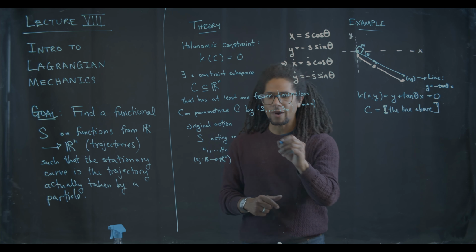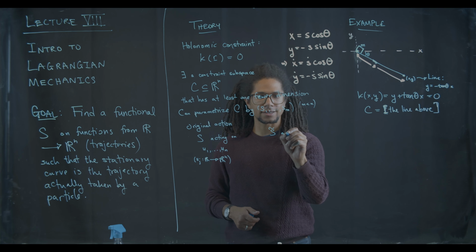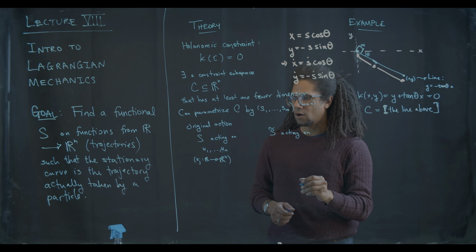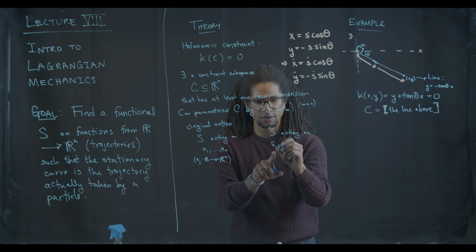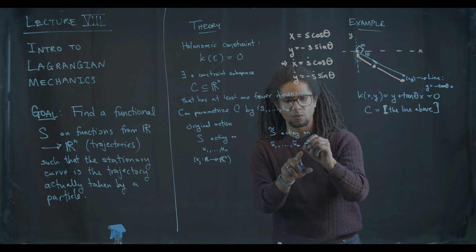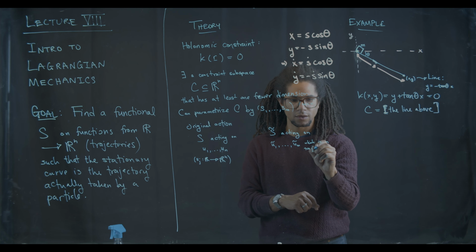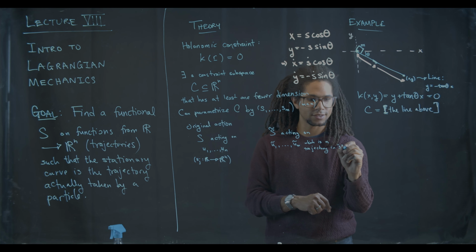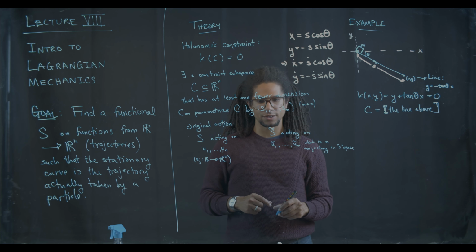And I'm going to define a new action, S tilde, acting on u tilde 1 through u tilde m, which is a trajectory in s space. In other words, it's a trajectory through these s coordinates.